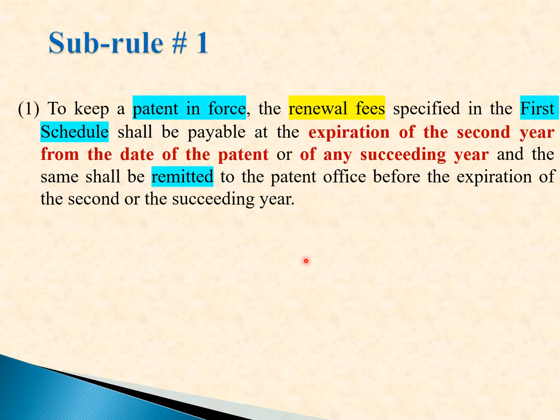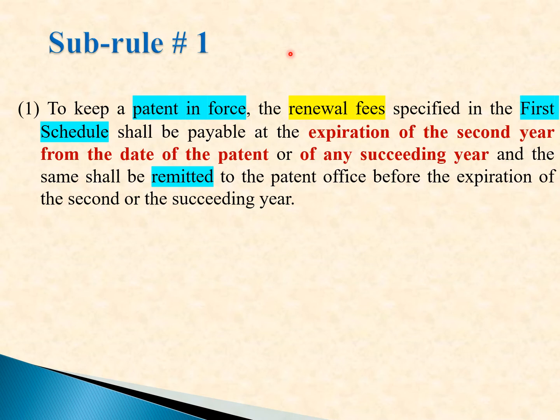So very easy actually. By just reading and taking care of all the punctuation marks and operators, we can easily get its gist. To keep a patent in force, that means for keeping a patent in working condition, that is called patent in force.